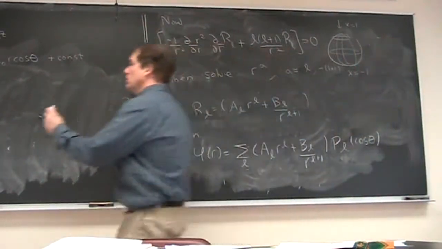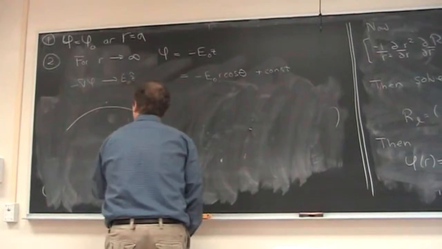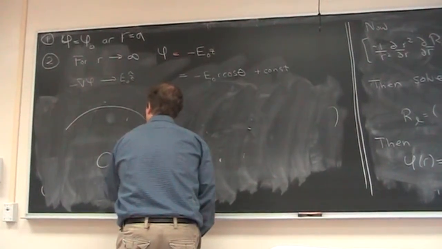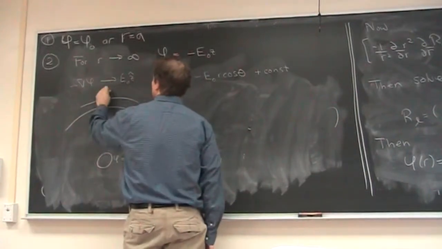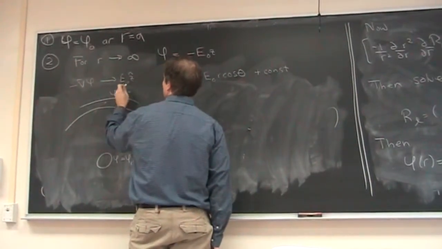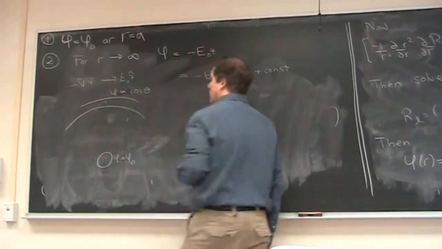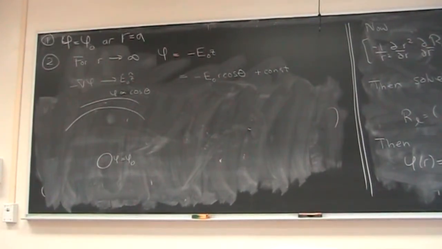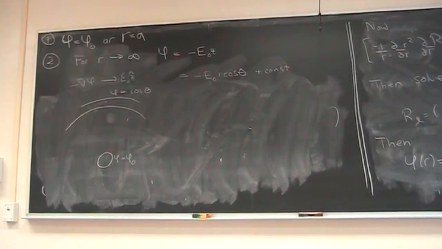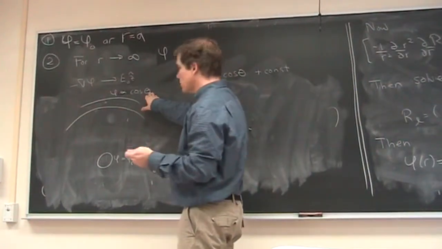So again, if I look at my solutions, I'm looking for a potential which is constant on this surface, and a potential phi which behaves like cosine theta on the top surface. So my boundary data is one proportional to a constant, and one proportional to cosine theta.